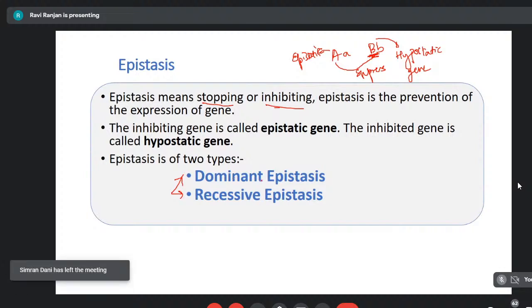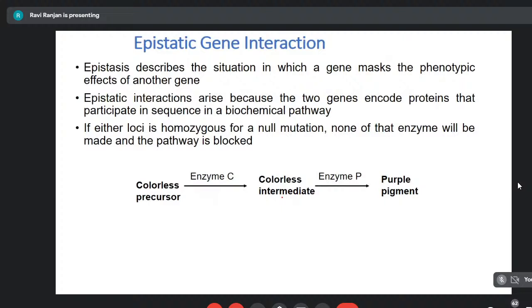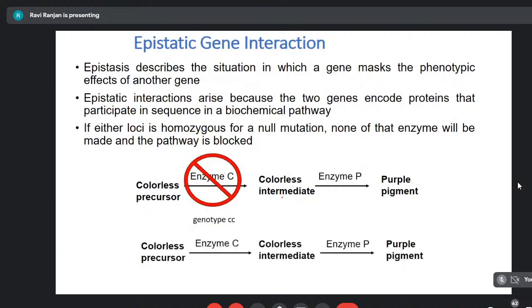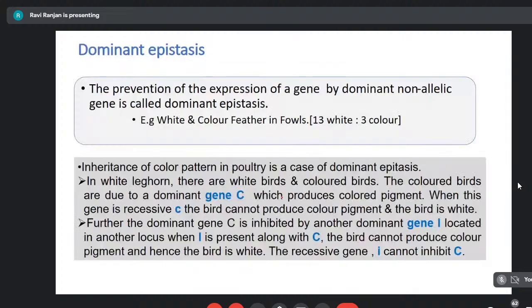When the prevention of expression of a character is by a recessive gene, it is called recessive epistasis. If I say dominant epistasis, the prevention of expression of a gene by a dominant non-allelic gene is known as dominant epistasis. An example is the case of leghorns.